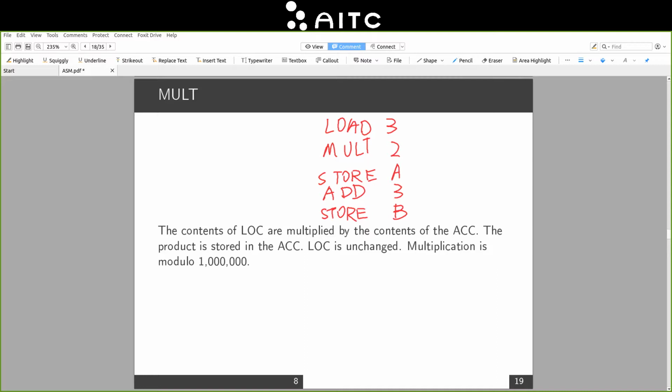Okay, the value of A is equal to 6, and the value of B is equal to 18. Oh, you made an error here.